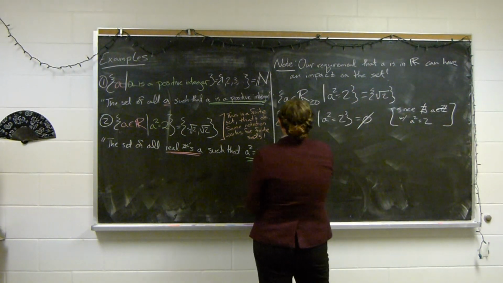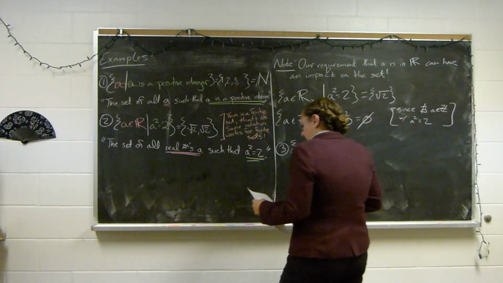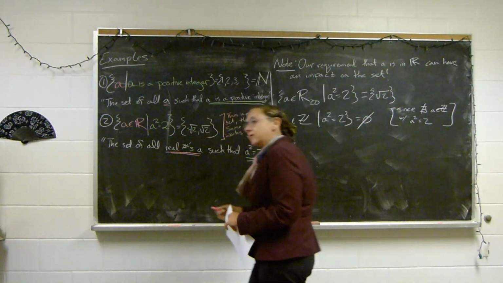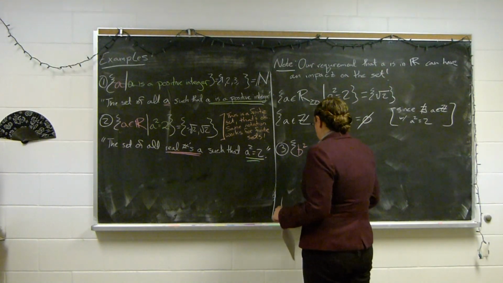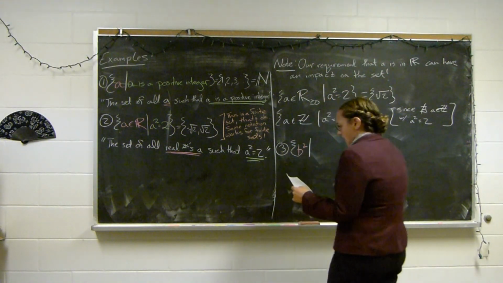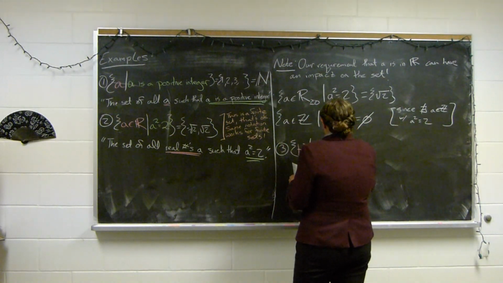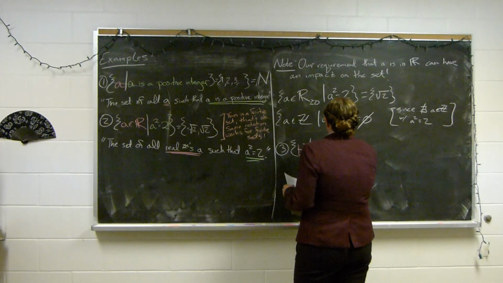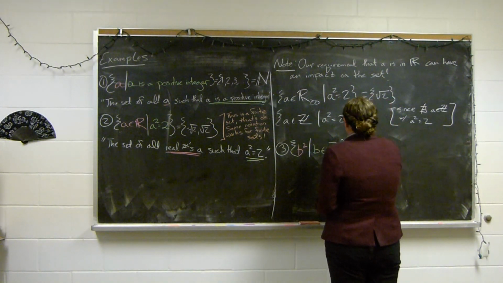Now, there's one other way of doing this that I don't like, but I want to show you because I'm not the only human being in the world that might teach you math. So if we have B squared on that side, and B is an integer, what does that look like?